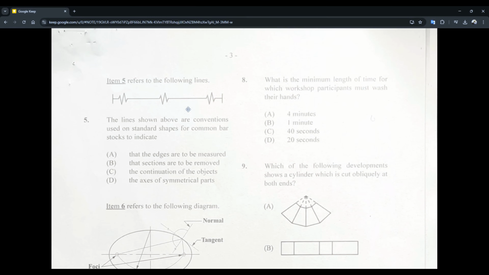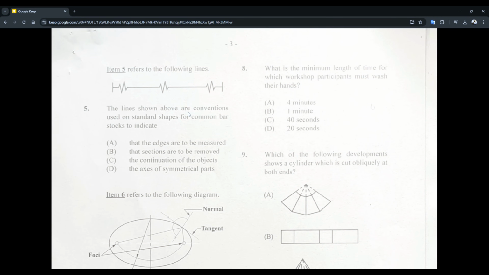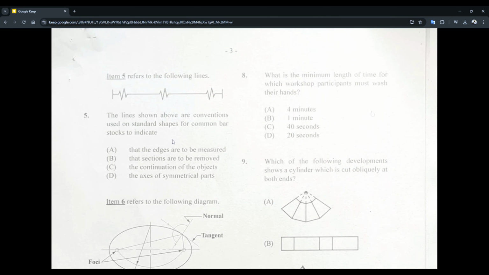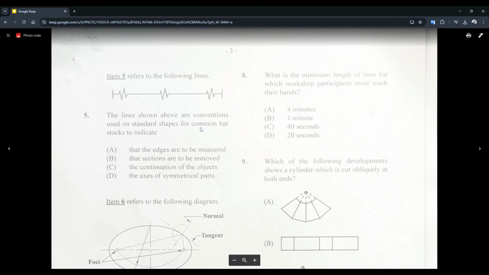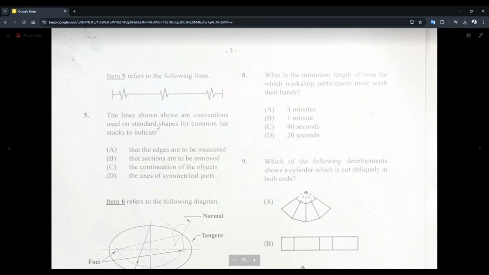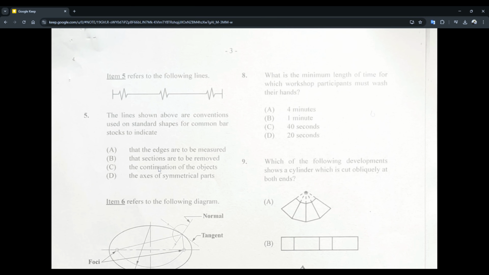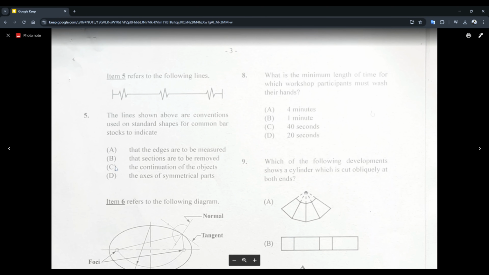Number 5. And I want to say that this page has a couple tricky questions, but let's get into it. The lines shown above are conventions used on standard shapes for common bar stocks to indicate that the edges are to be measured, sections are to be removed, the continuation of the objects, the axes of symmetrical parts.